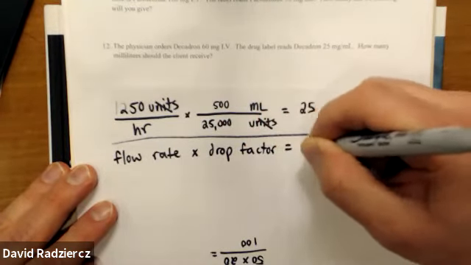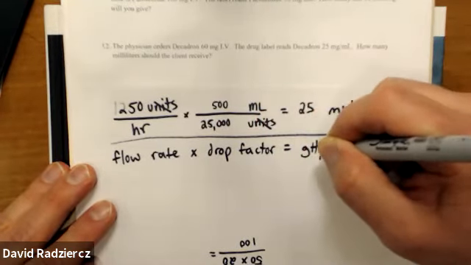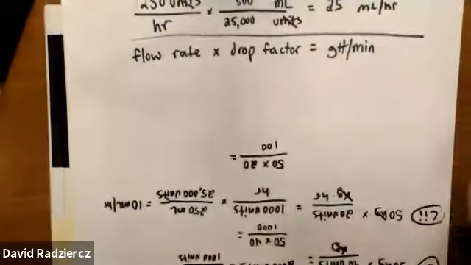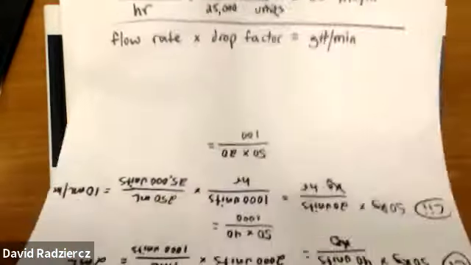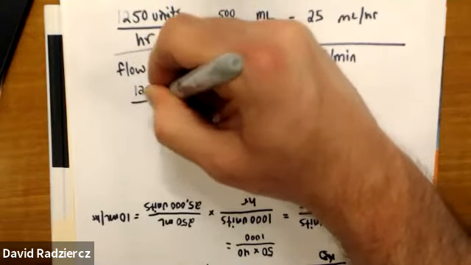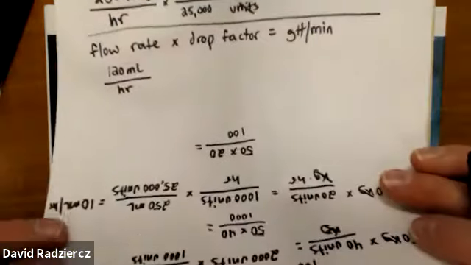And when you have those two pieces of information, that will give you the drop rate, which is in drops per minute. Okay. So it says that you have 180 milliliters of packed red blood cells to be administered within an hour for your anemic patient. So that tells me the flow rate.